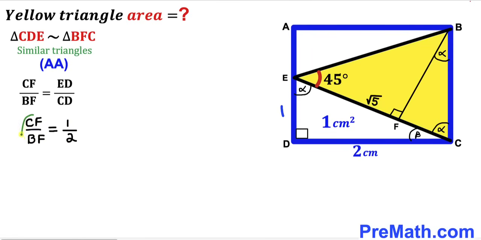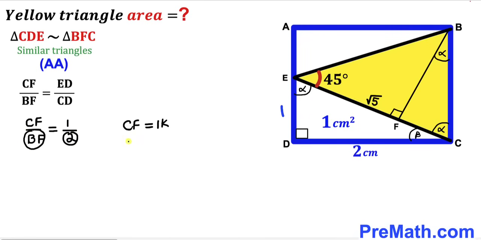And since these two ratios are equal, I could say that this CF length is going to be 1 times some constant k. And likewise, this BF is going to be 2 times some constant k as well.